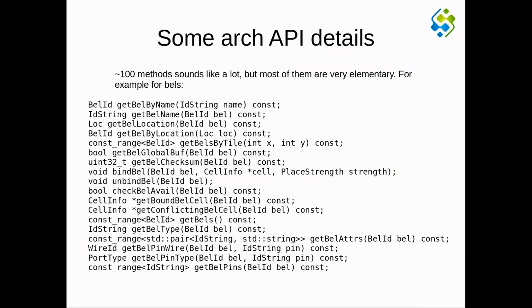Okay, so implementing about 100 methods sounds like a lot. But the thing is that those methods are very, very basic. So in many cases, you have something like your in-memory representation of the architecture database, and then each of those functions is maybe 2 or 3 lines of C code, just doing a little bit of pointer arithmetic to look up the right thing in the memory and then read whatever the thing is that you're querying with the function.